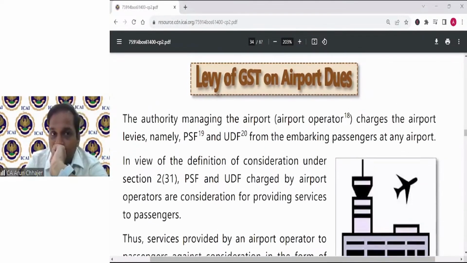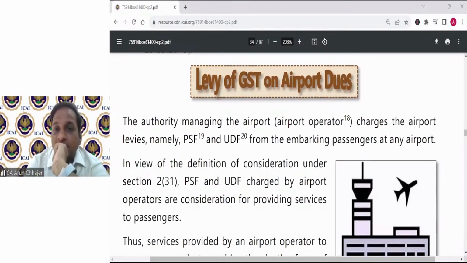Now, the authority managing the airport is called the airport operator. Let's say Airport Authority of India.